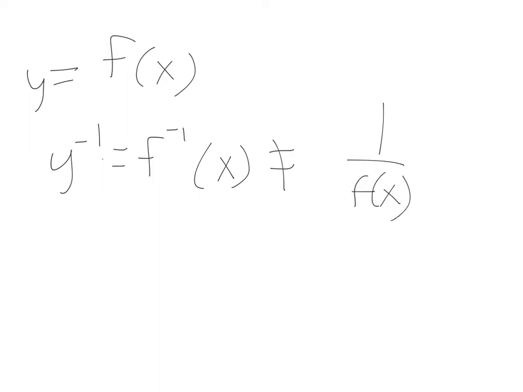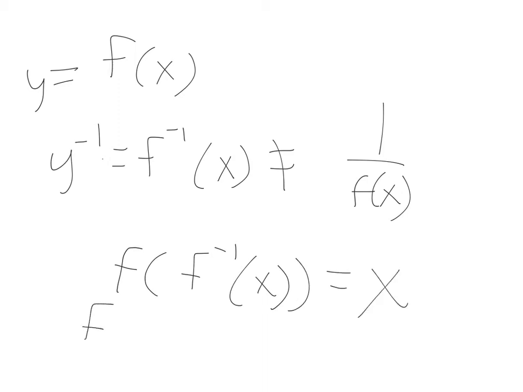What it means is it undoes our original function, to where if you compose an original function with its inverse, it equals x. Likewise, if you plug the original function into the inverse, you just get x again. Both of these have to work in order for it to be an inverse.